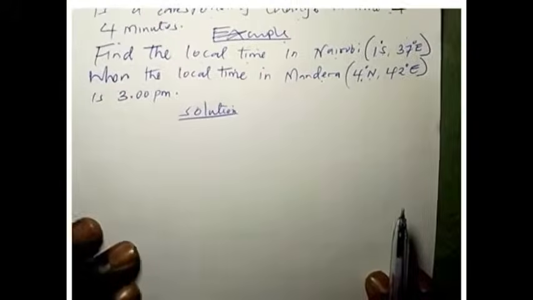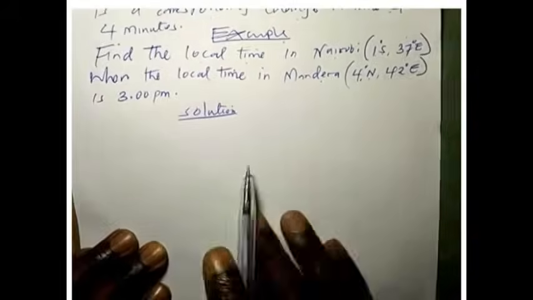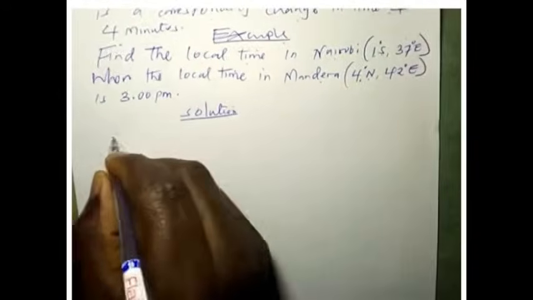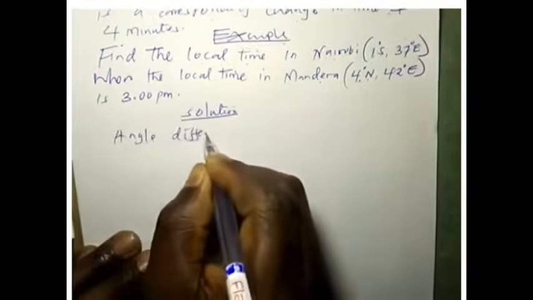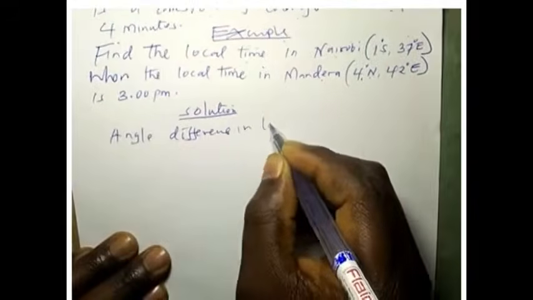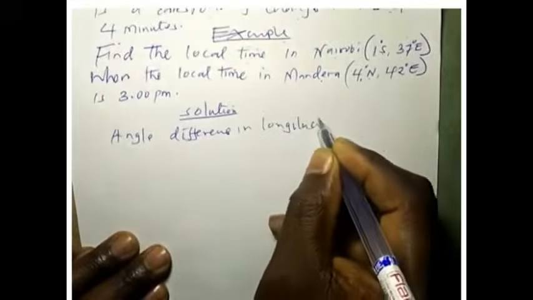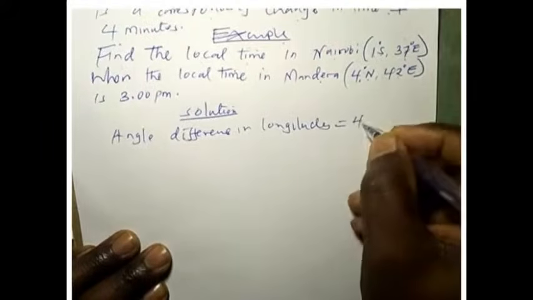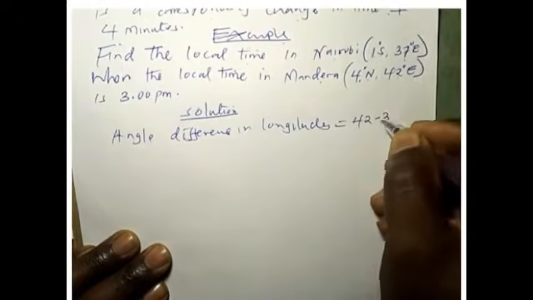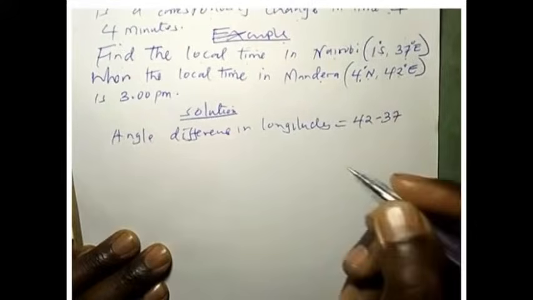So the angle difference in longitude is, as you can see there, east, so it is 42 minus 37, and this one gives us 5 degrees.